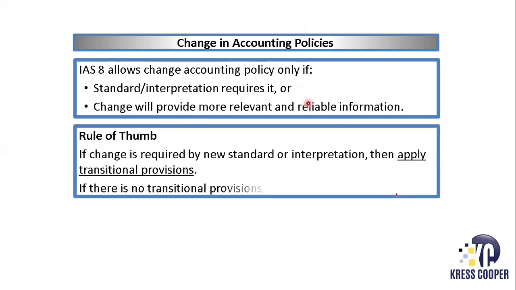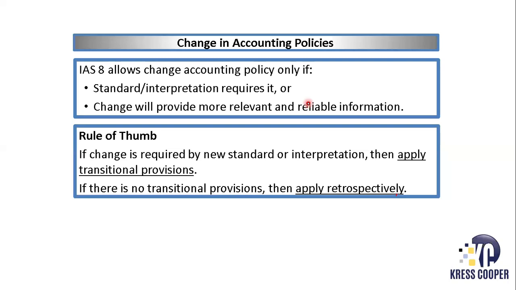So the rule of thumb for the change in accounting policy is that if the change is required by the new standard, obviously the standard will give you a proper guideline on how this change should be accounted for.